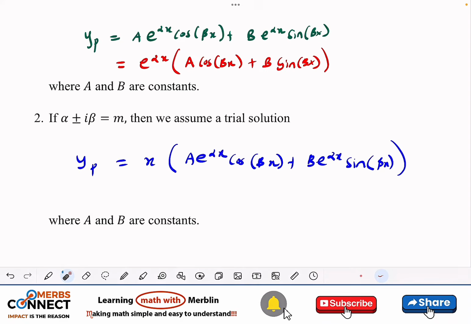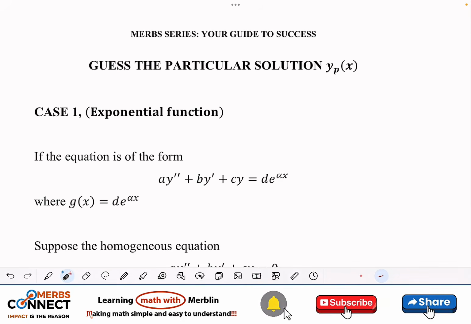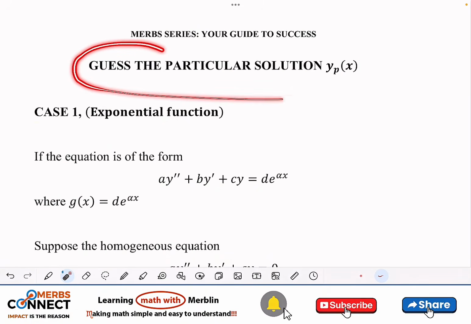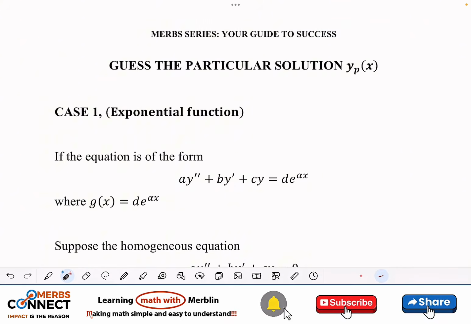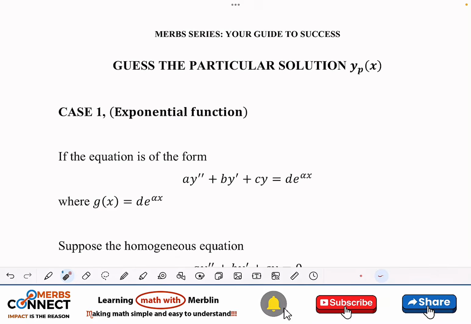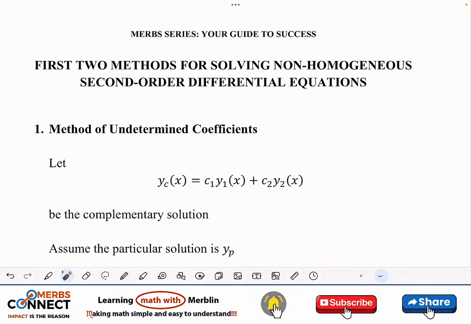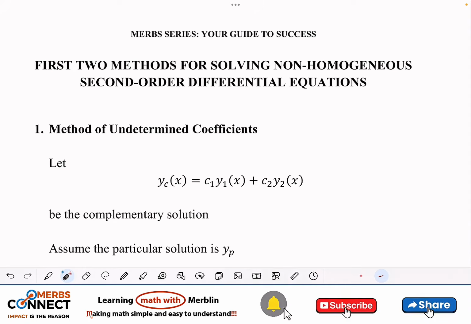All the particular solutions that we are guessing here, we are going to use the idea of the method of undetermined coefficients to solve. Anytime you guess a particular solution, we use the method of undetermined coefficients to solve it.